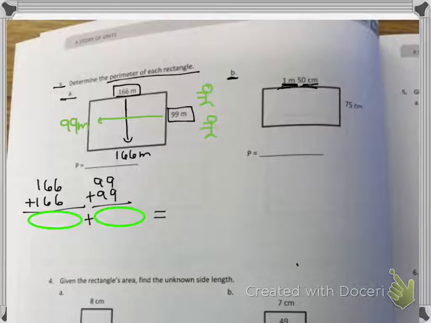How many centimeters are in 1 meter? Well, 1 meter equals 100 centimeters. So 100 centimeters plus 50, that's going to be 150 centimeters. Do you see how I got that? This 1 is 100, and I added the 50 to it to get 150.